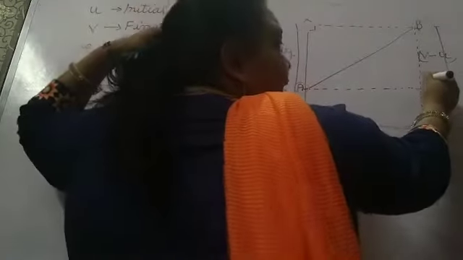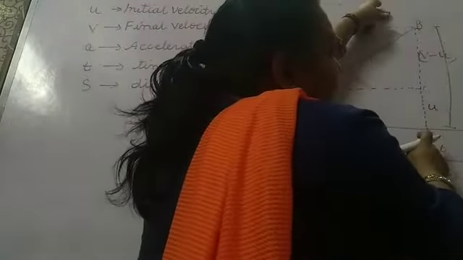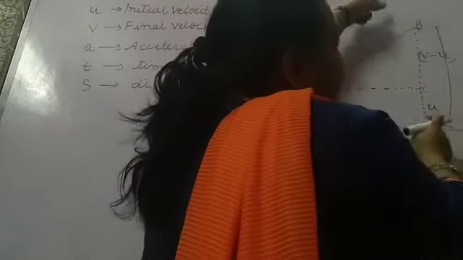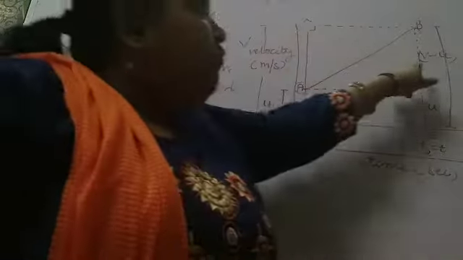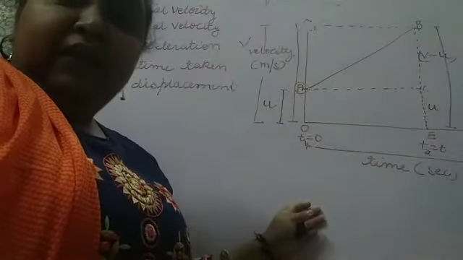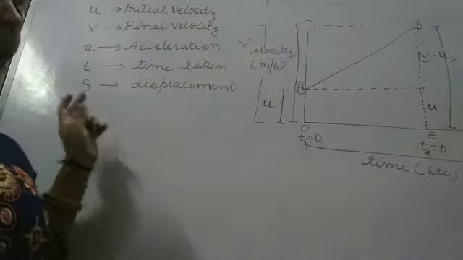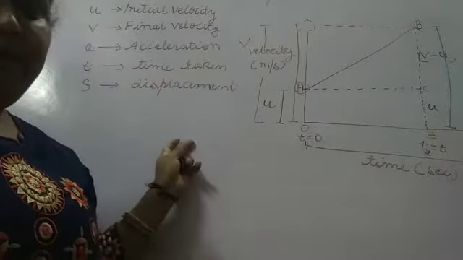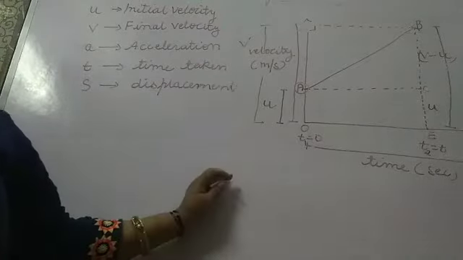If I want to find BC, how can I find it? BC is BE minus CE, that is v minus u. So up to here we have done the construction, and the graph and the units are all the same in the second equation of motion also. So let us start.